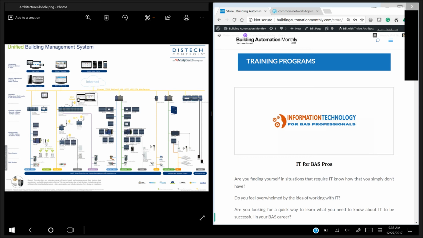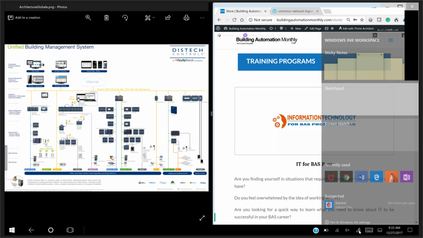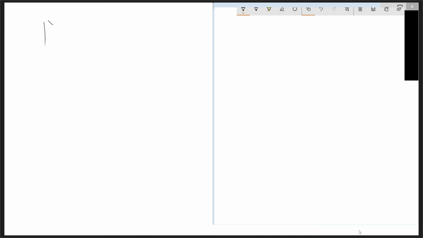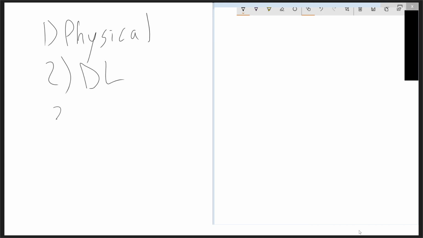But the important things I want you to take away from this video are that there are 3 different layers of network communication, right? The physical, the data link layer, and the IP layer. And that each one has their own unique aspects.